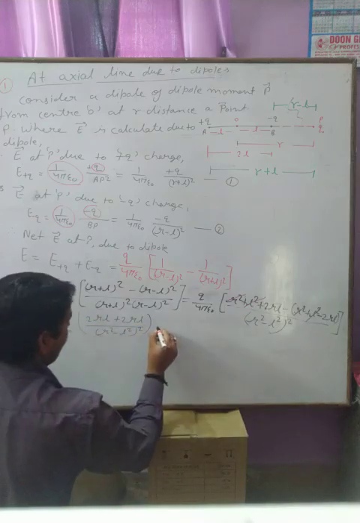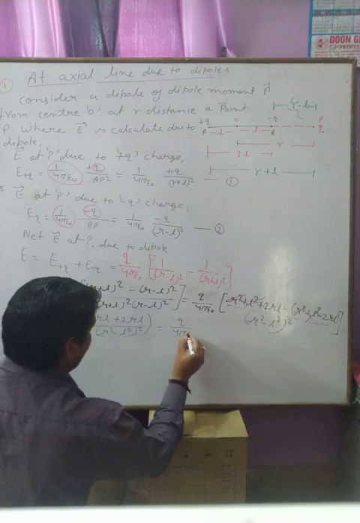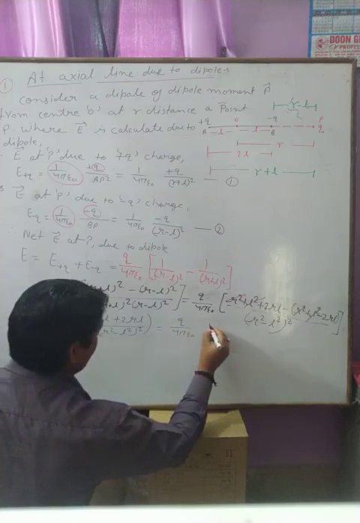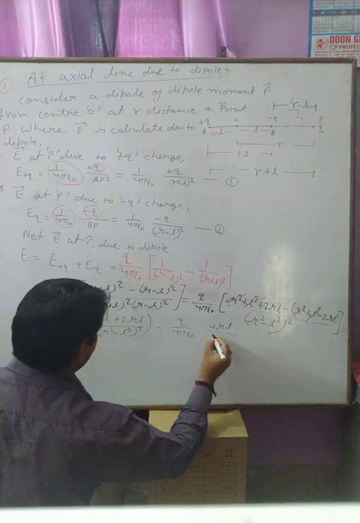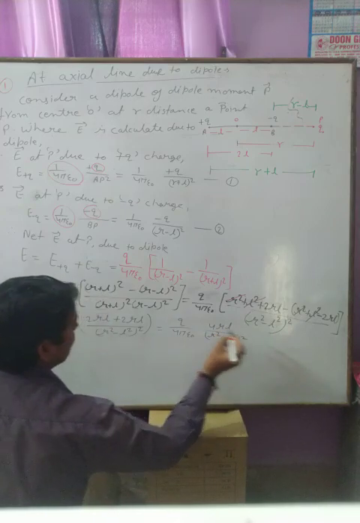On solving we get Q upon 4 pi epsilon naught, 4RL upon (R square minus L square) whole square.